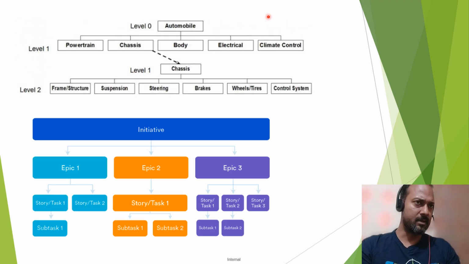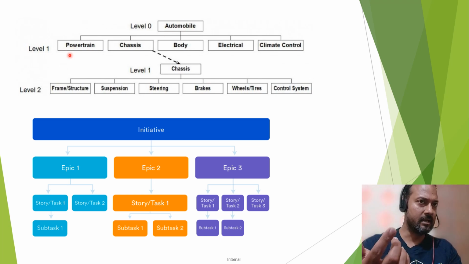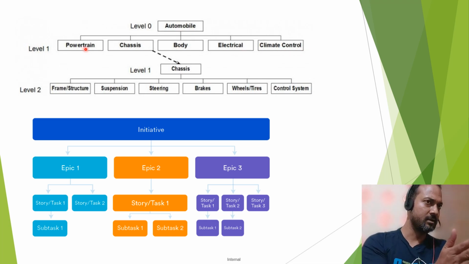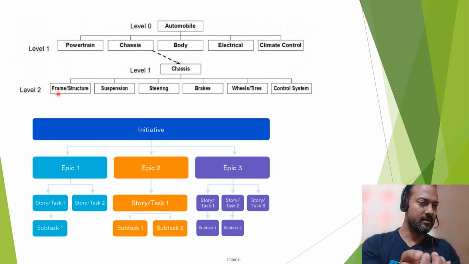So for an example, here the first picture shown is a functional decomposition of a car. So automobile, and it's powertrain, chassis, body, electrical, climate control. So these are the different aspects a car is broken into, and then we have considered the chassis, and then we further break it down into frame structure, suspension, steering, brakes, wheels, tires, control system.